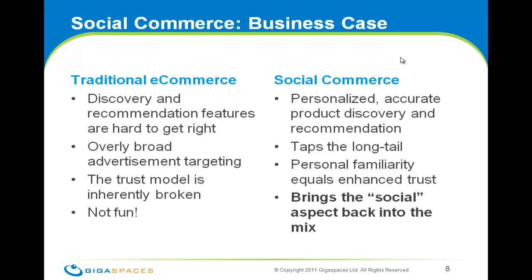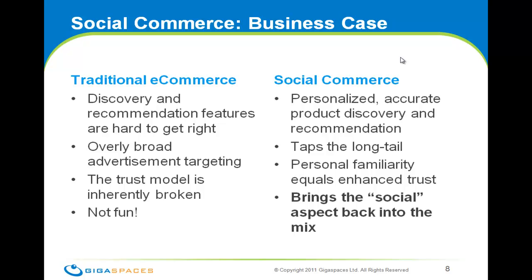Furthermore, the trust model is inherently broken, because with traditional e-commerce, you go on, for instance, Amazon.com or Sears.com, you view a product, and you can get hundreds, even thousands of opinions on that product, but those opinions are not necessarily right for you. Each person has different desires, different appeals, and it's very hard to gauge the benefit a specific product will have for a specific visitor from a global model.